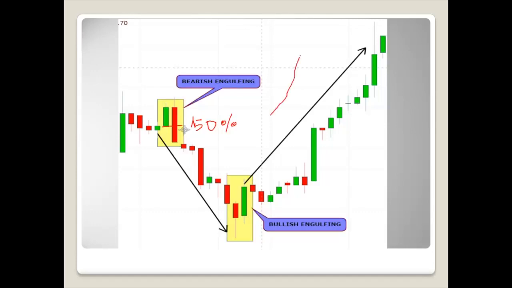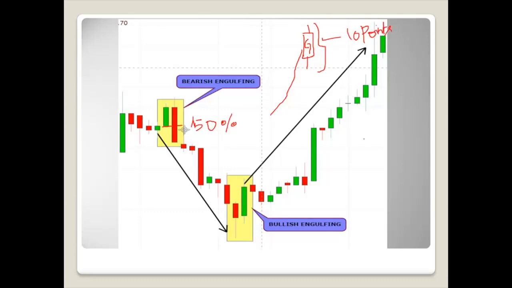Let's say the market is going up and we have a green candle representing the buyers, but let's say this whole candle size is 10 points, 10 pips, or whatever it can be.